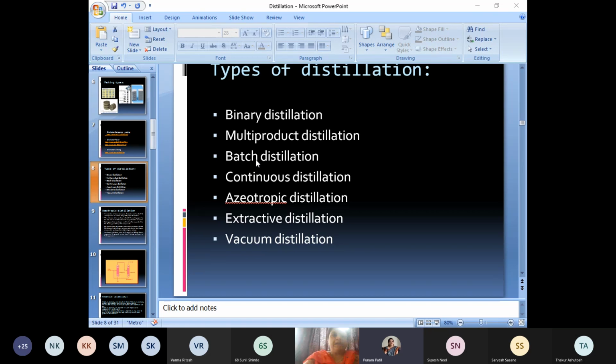That's why, in the column, although it is not shown here, component E is added. So when E is added to this column, it forms the lower boiling azeotrope. So with A it forms a heterogeneous mixture and creates a low boiling component, and that will vaporize faster than B. So what you will get? You will get pure B at the bottom, whereas A plus E at the top.